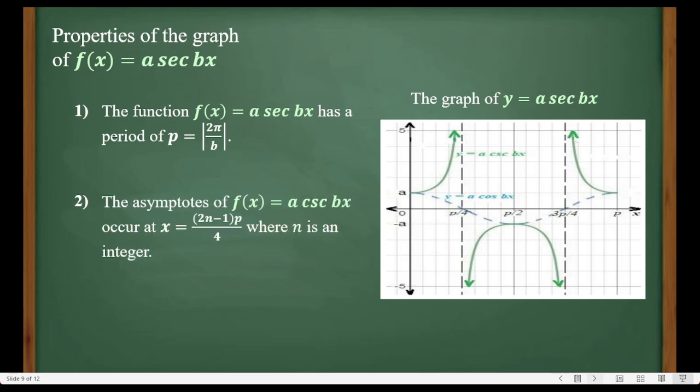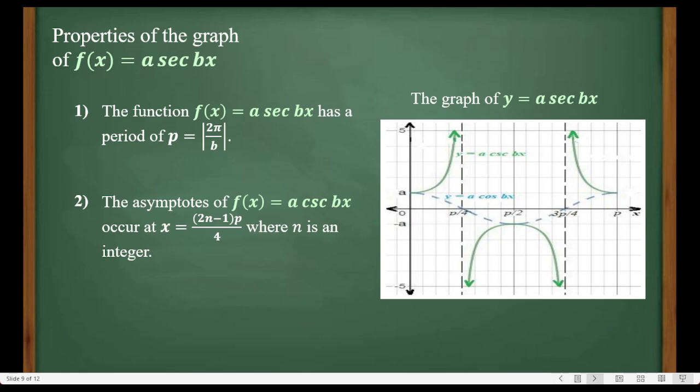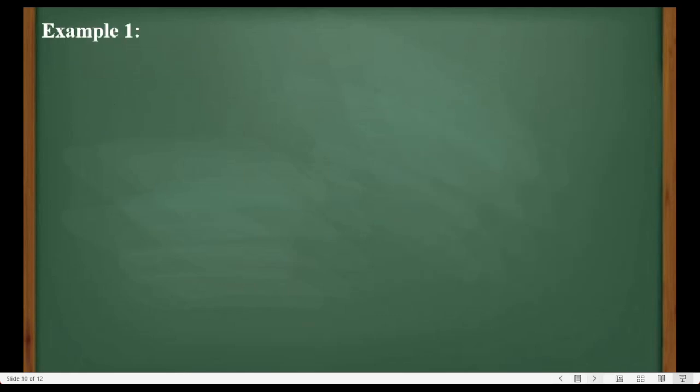Then the asymptotes of this function occur at x coordinates determined by this formula: x is equal to quantity 2n minus 1 pi all over 4b, where n is again an integer. Then, let us consider some examples.